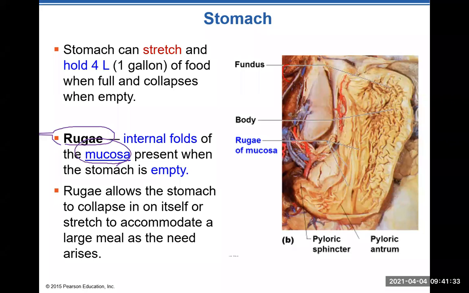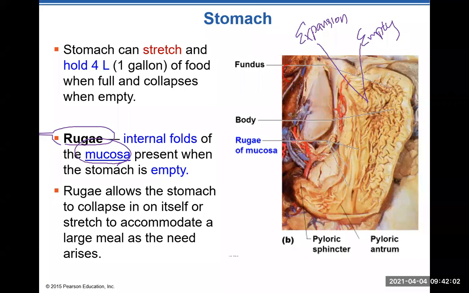When does it look like this? It looks like this when it is empty. I'm hungry right now, so my stomach would look like this. But the moment I eat food, the same rugae will expand, expand, expand, expand, right? So they help in the expansion of the stomach whenever we are filled with a lot of food.